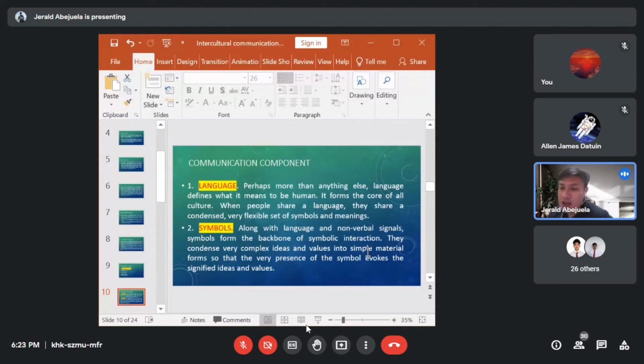Remember people that even our non-verbal actions are basically part of our culture. Okay? So, as regards communication, as a component of intercultural communication or a component of culture, language is one and another is symbol. If we say language, language particularly refers to the words that we are using in verbal communication.